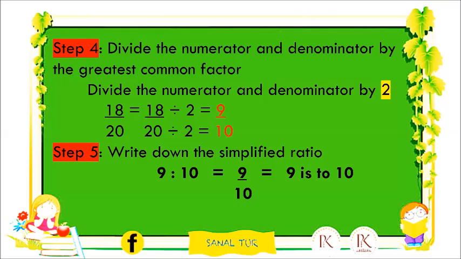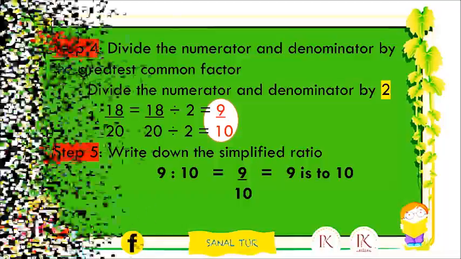Yes, we have 9. 20 divided by 2, we have 10. Then step number 5, write down the simplified ratio. So our answer now is 9:10. Did you get it? Yes, okay. So we proceed to the next example.